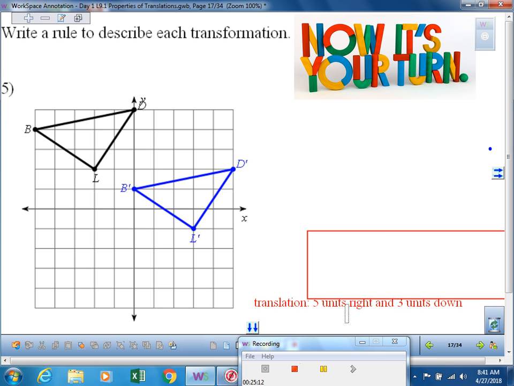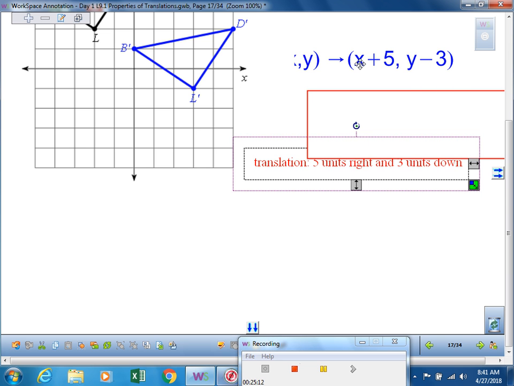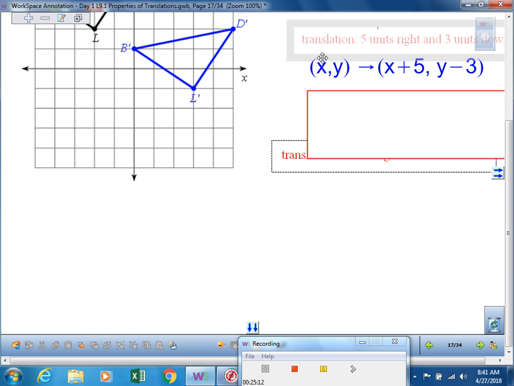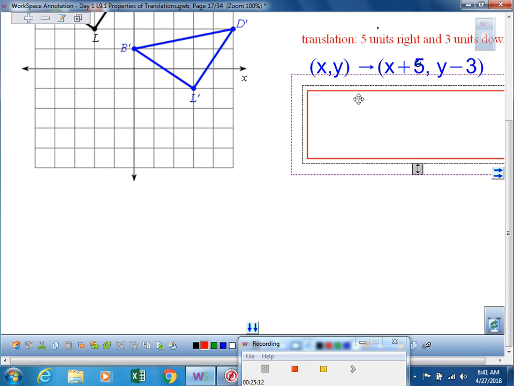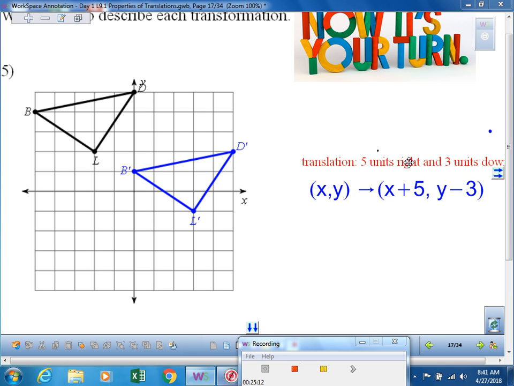Yes. Where is it? There it is. So, how many of you got that right? Good. So, translations, I knew you could handle both in one day.